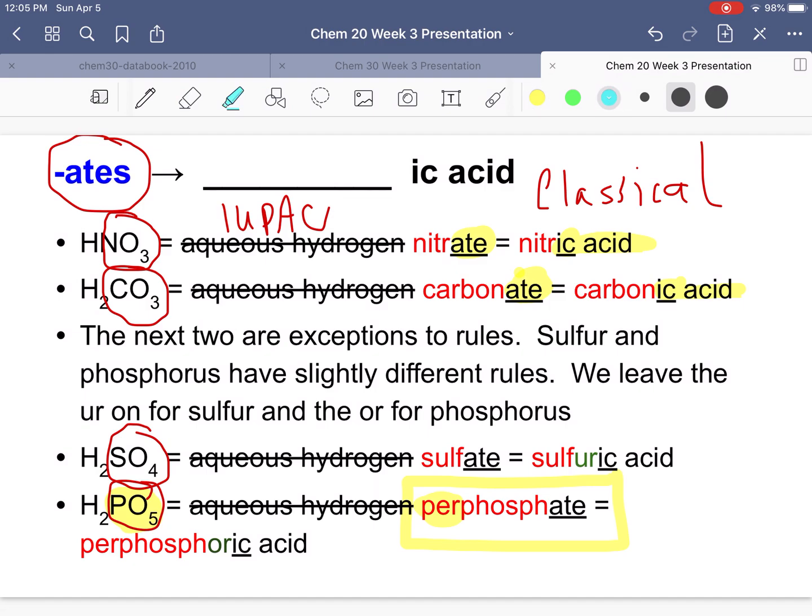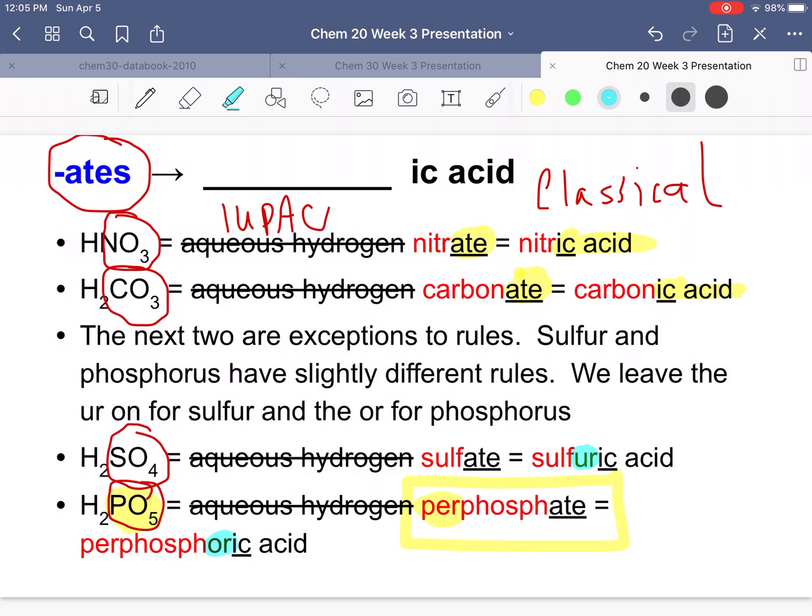Similar to what happened with sulfur and phosphorus before, they're kind of weird. You have to add the UR. It's not just sulfic acid, it is sulfuric acid. Similar thing here too. And this one, we end up with not just perphosphic acid, it is perphosphoric acid. Sulfur and phosphorus are weird. They make you have to name them slightly differently.